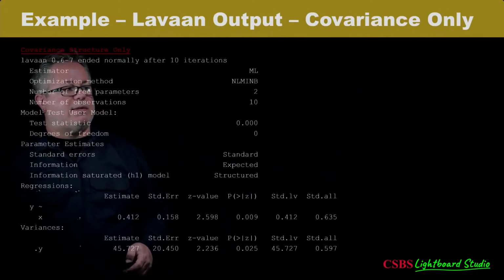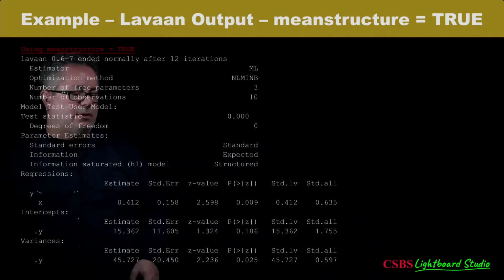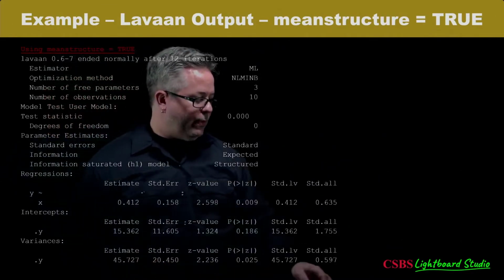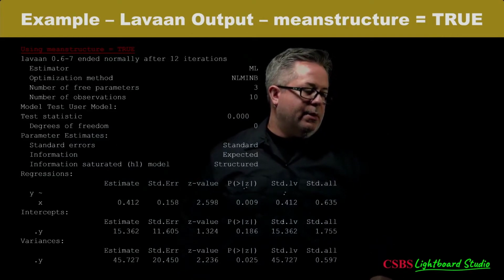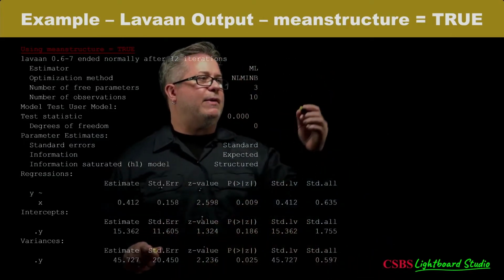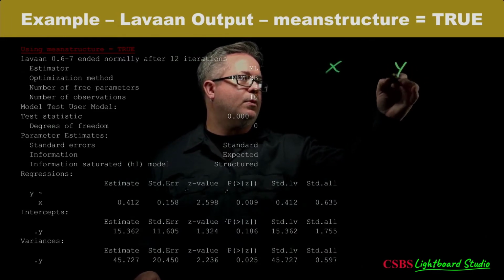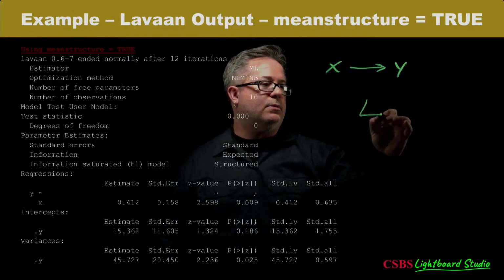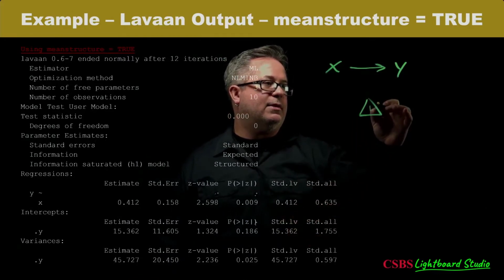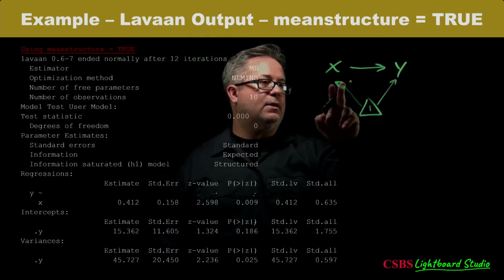So let's look at this model here, which is the one that we ran using the mean structure equals true. I have x, I have y, there's a path between the two of them, I have my little constant, I'm predicting y with it, x with it. Actually, I'm not.